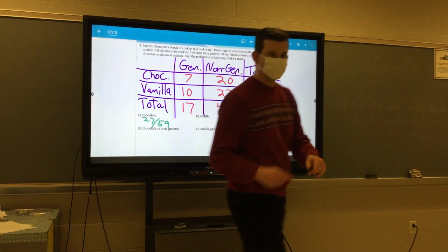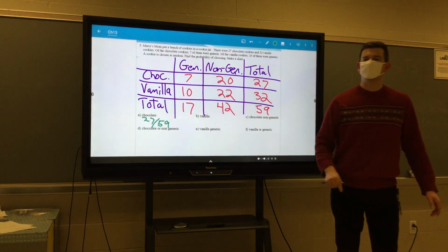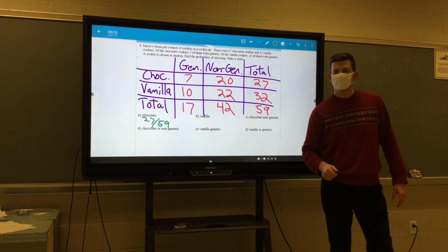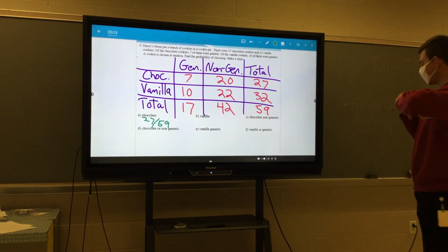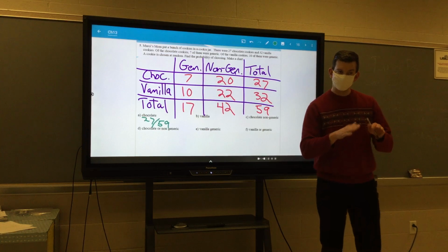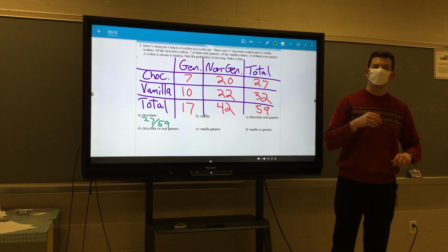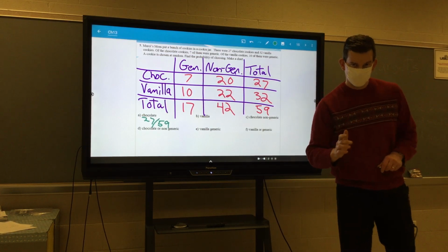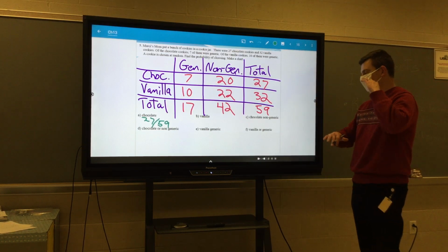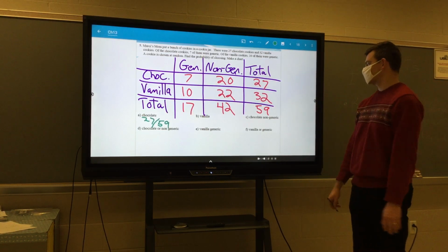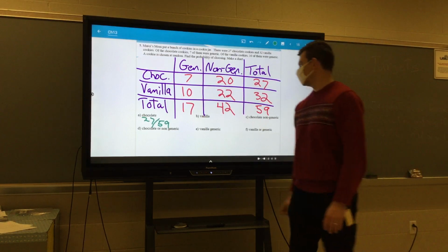Chocolate non-generic. This is exactly what I had said earlier today, where the and is implied. And if you wanted to get into the equation, you're looking at multiplication, but they are not independent. They do depend on each other. So rather than overcomplicate things, let's just look at the chart.